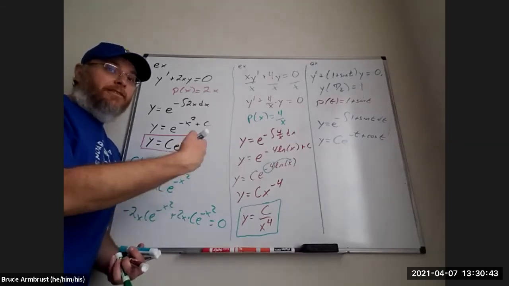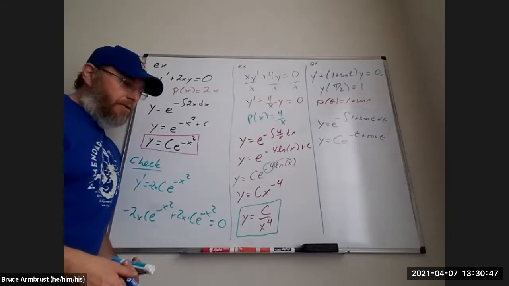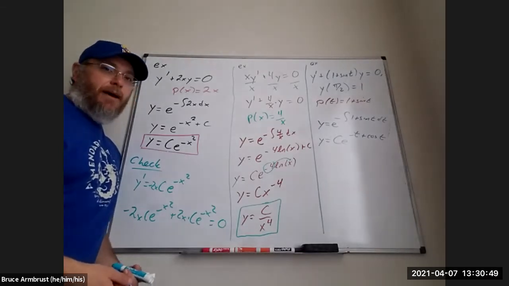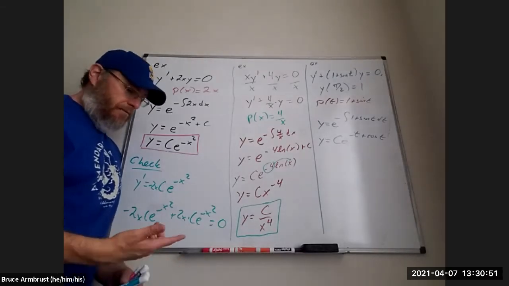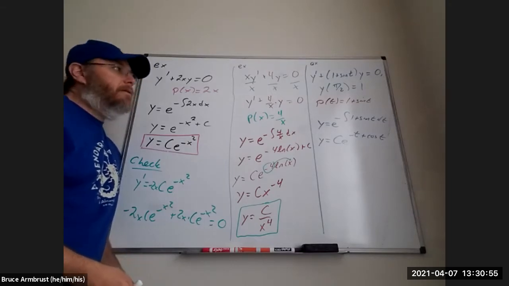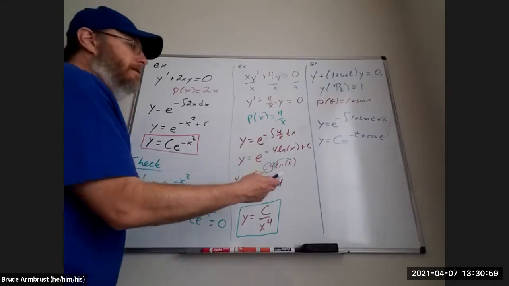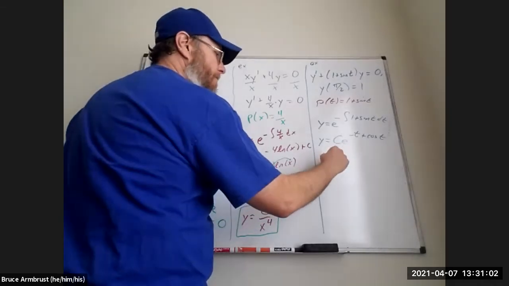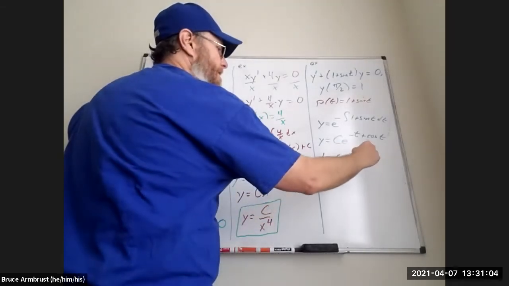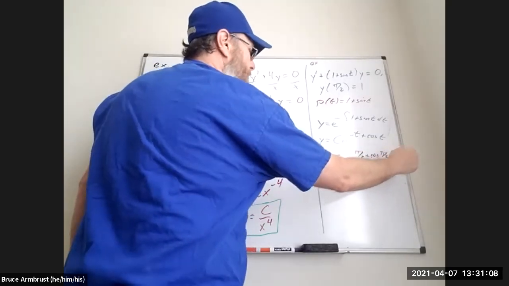All right, so there's our general solution. So now let's get the particular solution by plugging in our point. Okay, so we know that when we plug in pi over 2, we get 1. So we're going to get 1 equals c e to the minus pi over 2 plus cosine of pi over 2.